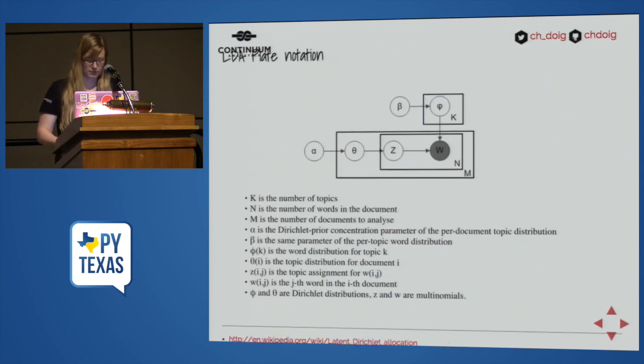When you search for LDA in Wikipedia, you get this nice diagram. The first time, I thought, well, I'm going to add this diagram to my slide deck and try to explain it to people. And then when I started doing that, it was really hard.